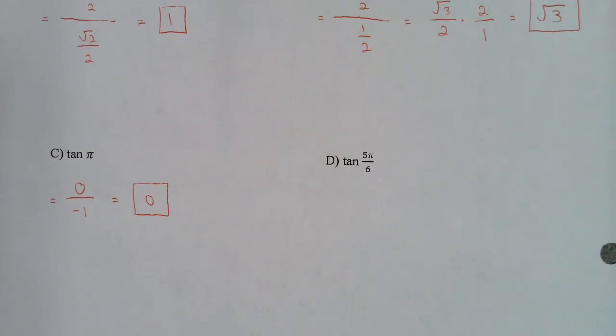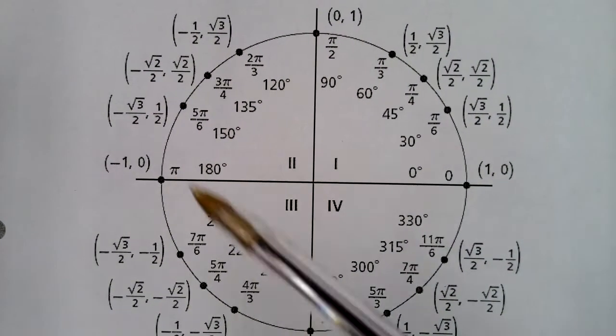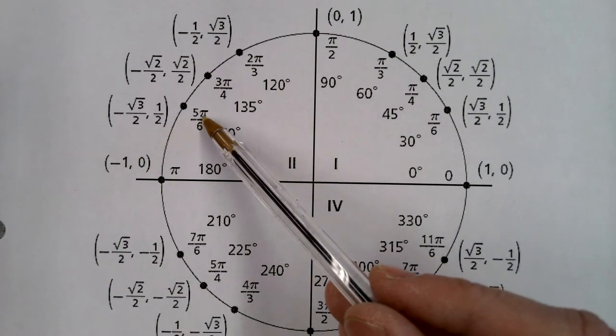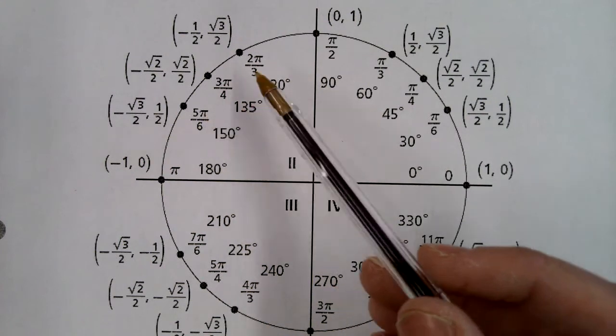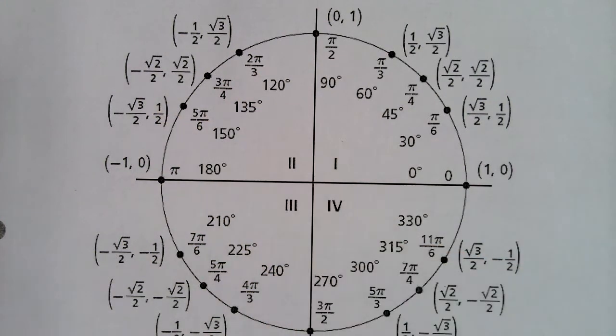Okay, now let's do tangent of 5 pi over 6. So this one's going to be hard, okay? Tangent of 5 pi over 6. Tangent means sine over cosine. So 1/2 over negative square root of 3 over 2.